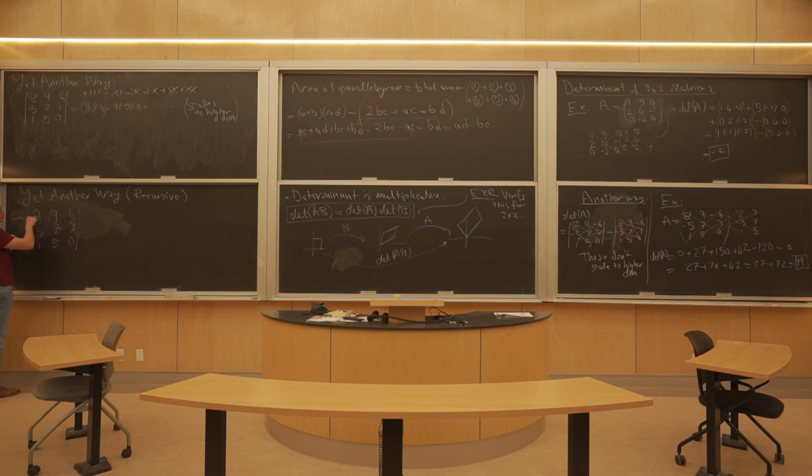Now I'm going to go one by one through each of these entries. And based on which entry I choose, I'm going to burn certain parts of the matrix. So this determinant equals this. I'm going to write it 3 times now.